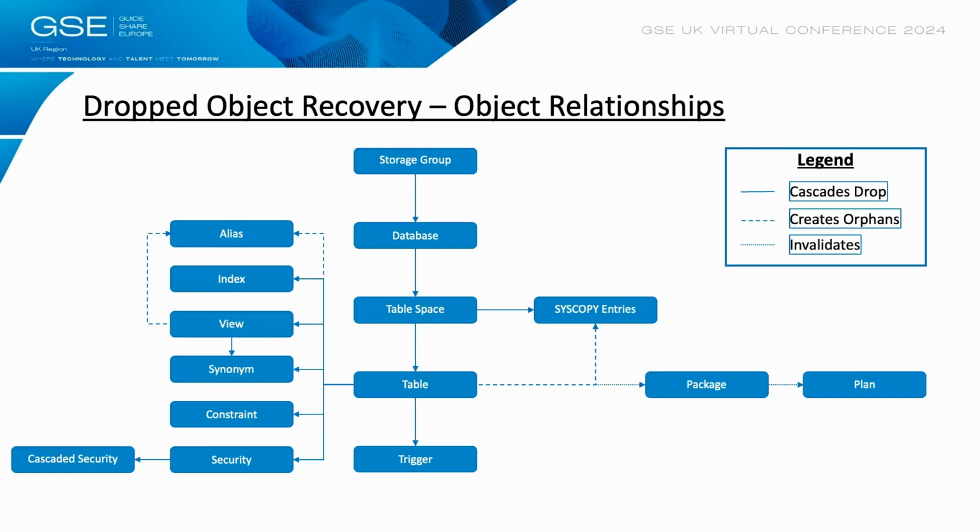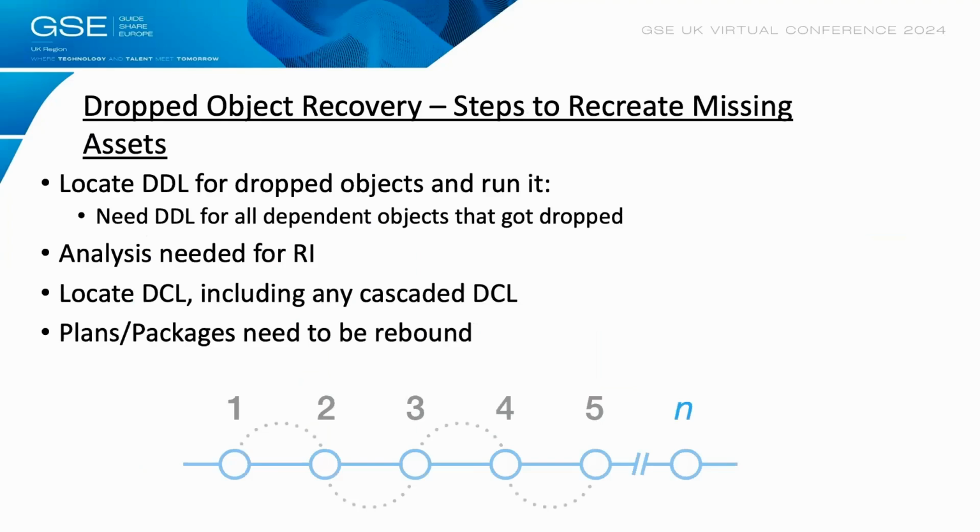It'll invalidate packages, plans, etc. So depending on where you drop things, it can have a massive cascade effect. So what do you do in that situation? You need to find the DDL. Have you got it? Right. Okay.